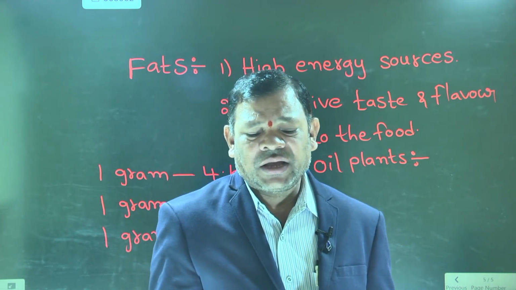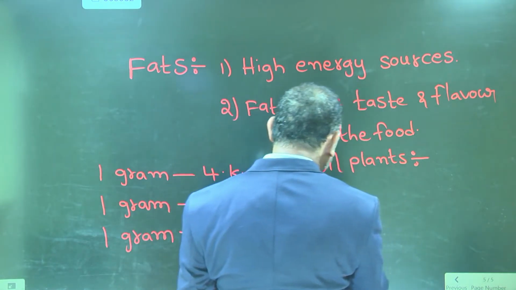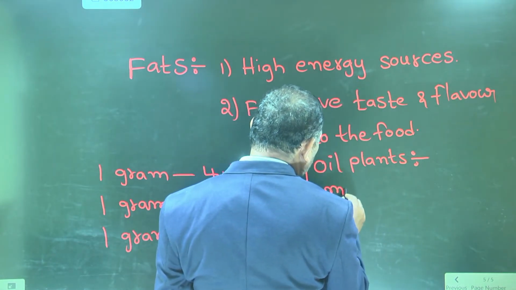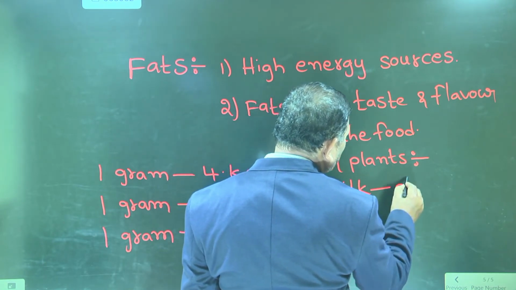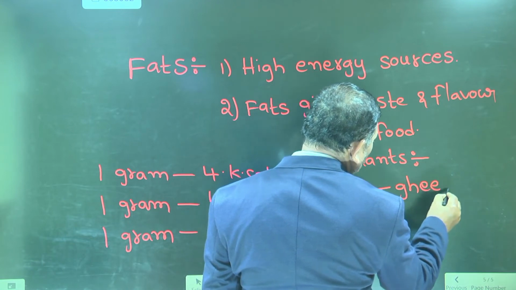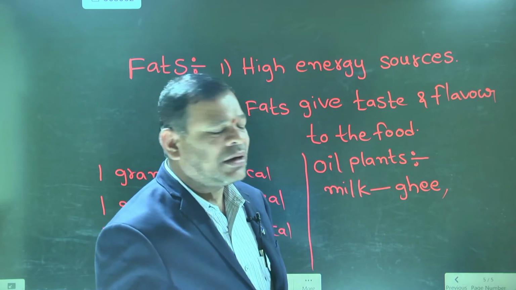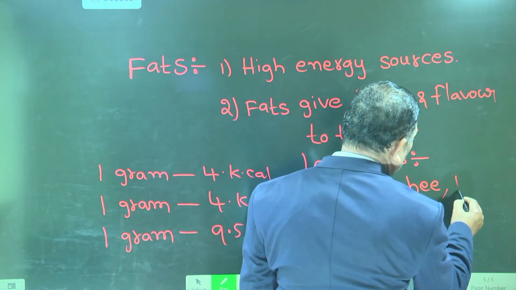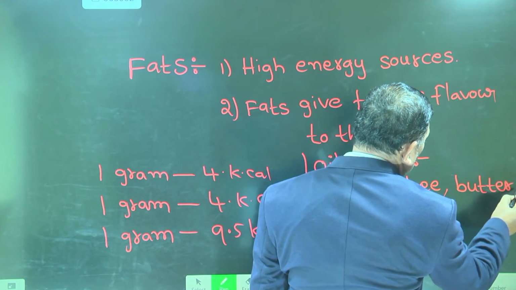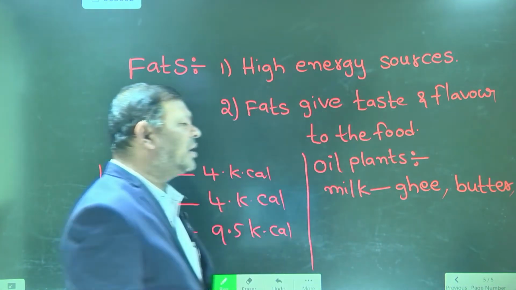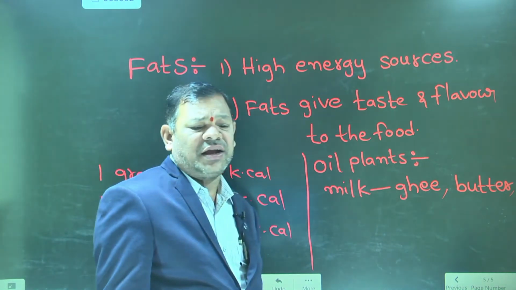Next, milk. In milk, the major component is protein. In ghee, the major component is fat. Butter also, the nutrient component is fat.